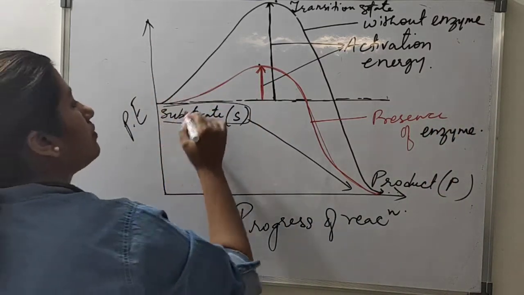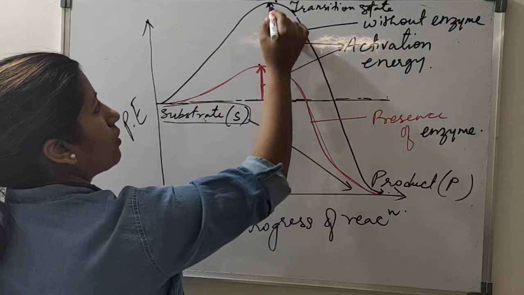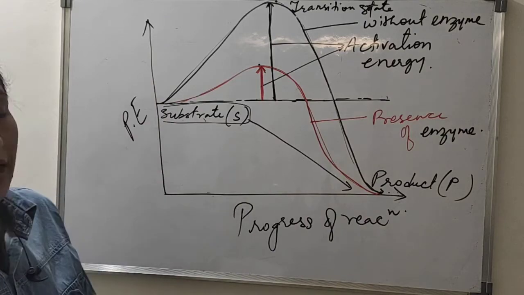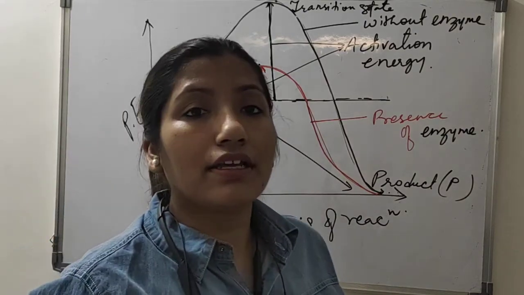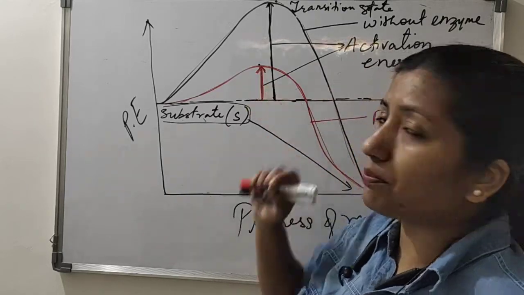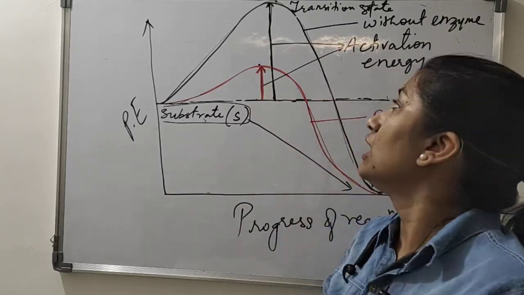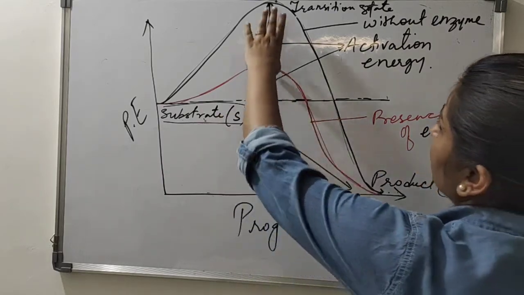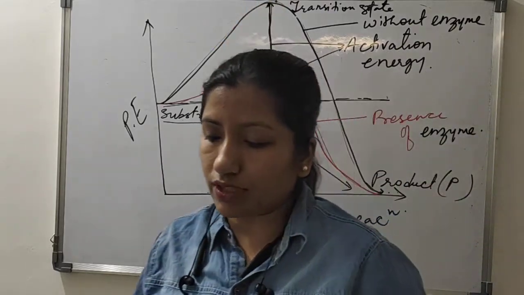So without enzyme, substrate takes more activation energy to convert to the product. So this is what this graph is trying to explain, that enzyme helps to convert substrate to product in a very short period of time with less activation energy, and without enzyme a substrate will convert into a product but with lots of activation energy and it will take lots of time.